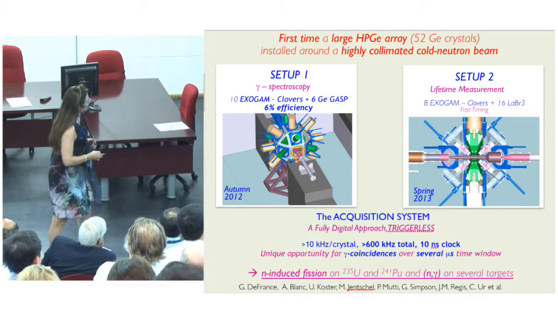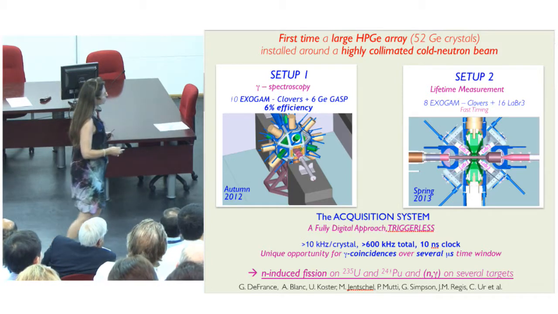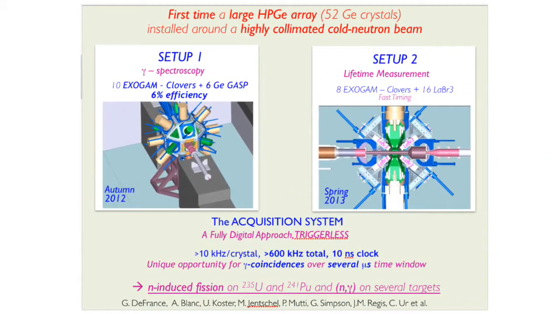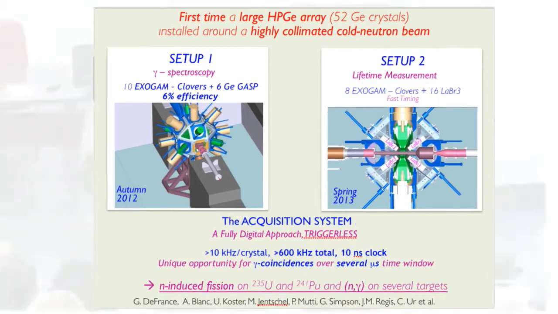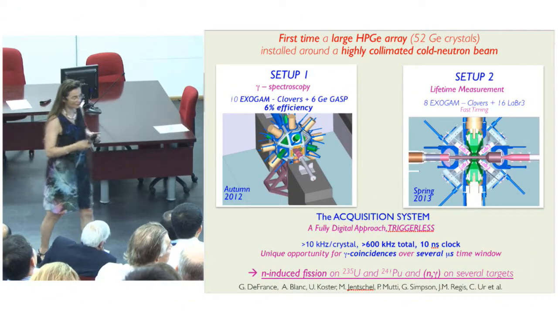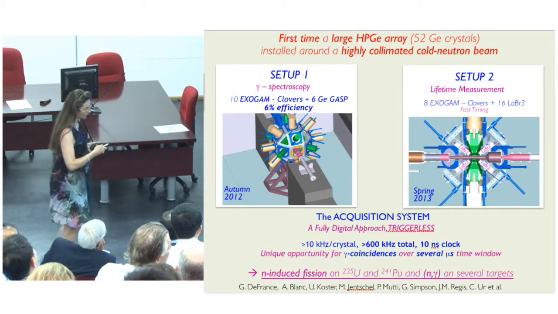So the acquisition system was fully digital and triggerless, and this was to be able to sustain high event rates up to 600 kilohertz with a time stamp of 10 nanoseconds, which gives really the opportunity to perform gamma coincidences over a very wide time interval of several microseconds, which is exactly what is needed when one has to look for coincidences between below and above isomeric states.